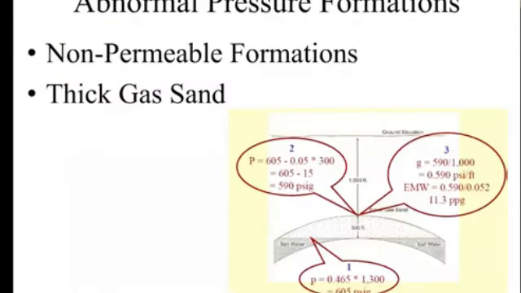So let's see in what areas or circumstances we can expect abnormal pressure formations. The first one, as I mentioned previously, is when we are drilling through a non-permeable formation, because the formations below that impermeable formation are hydraulically disconnected.